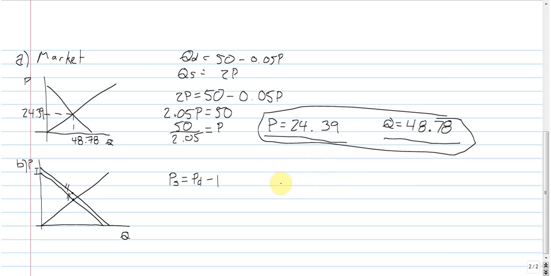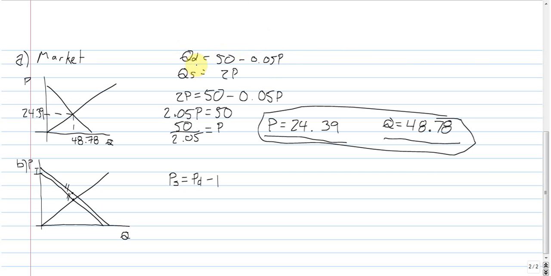Basically, if these were going to be the same price, then the demander would have to pay the $1 tax. So the price of the seller is the $1 difference in between the two. We're considering PD to be the original price from the demand curve, and now we've introduced this distortion.